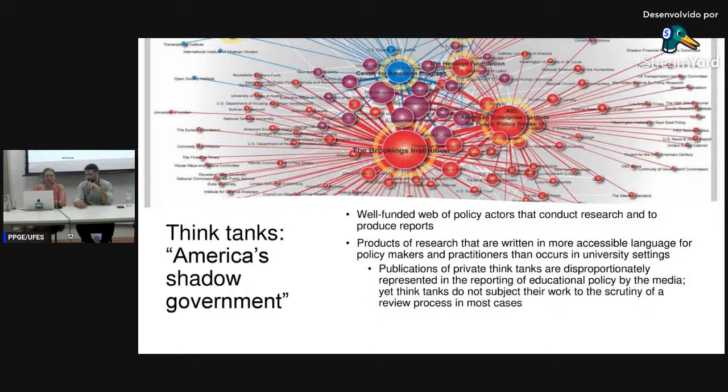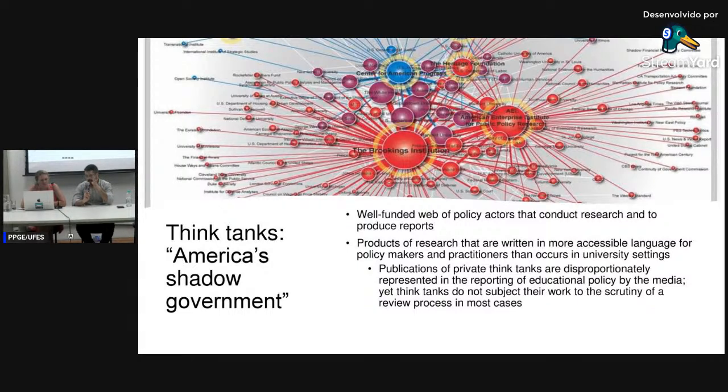So the leaning left think tank that is most quoted is the Center for American Progress, and the right is the American Enterprise Institute, and more towards the center, but the most quoted of all is Brookings Institution.